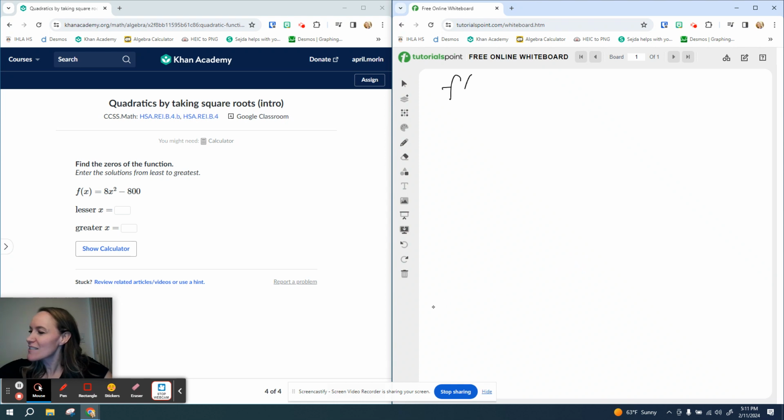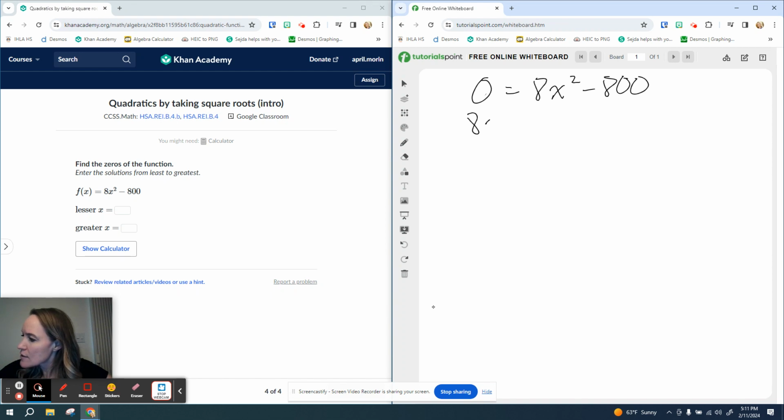F of x equals 8x squared minus 800. Oh, we're finding the zeros, right? So you can just set this equal to 0. And then I have 8x squared equals 800. I'm going to divide by 8 on both sides.